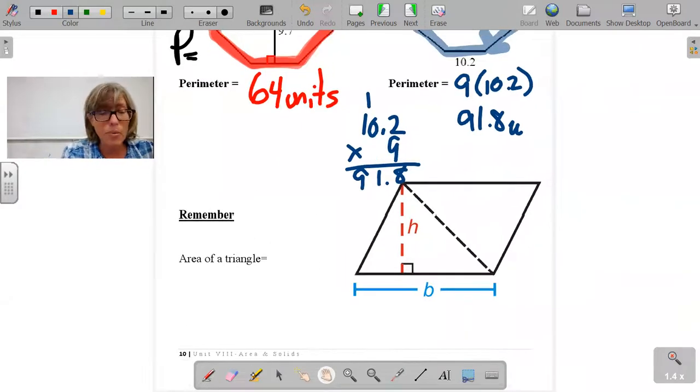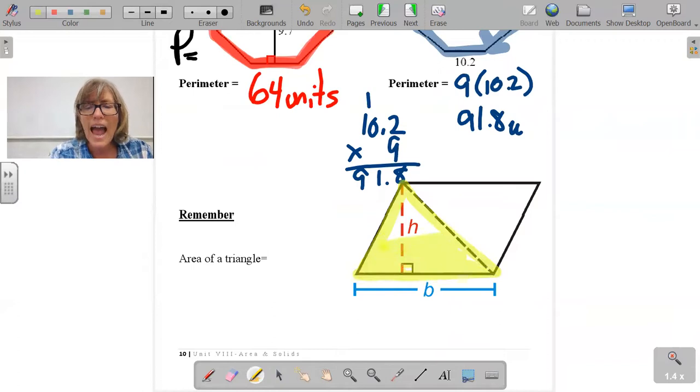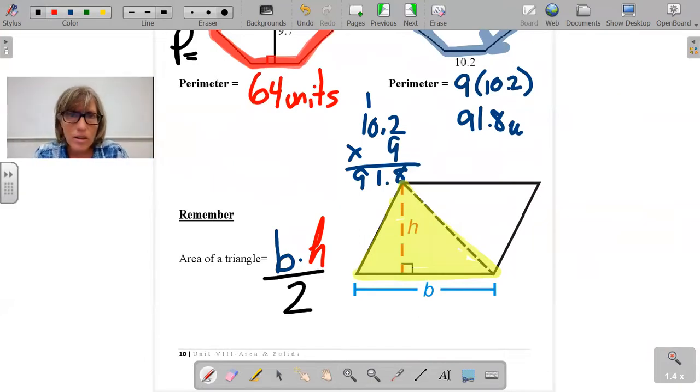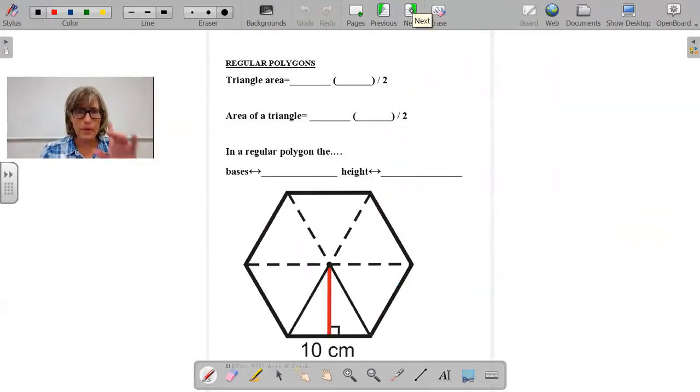Let's recap. The area of a triangle is half a parallelogram. And half a parallelogram is going to be base times the height over 2. That is the area of a triangle, half a parallelogram.